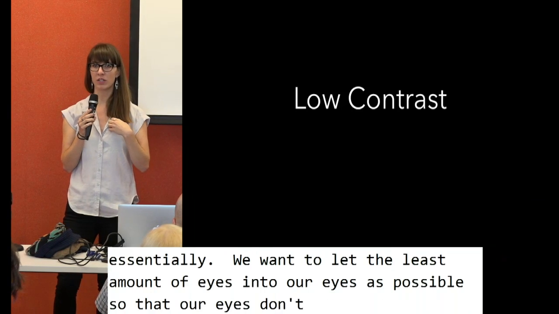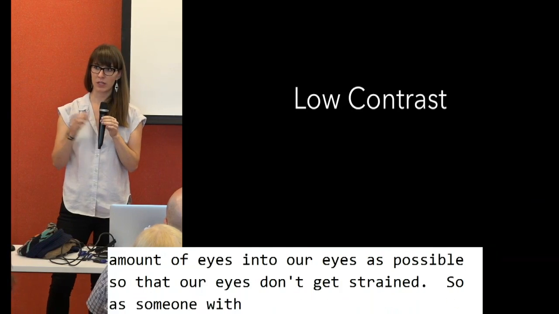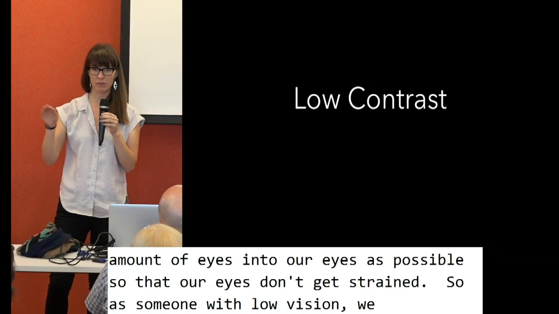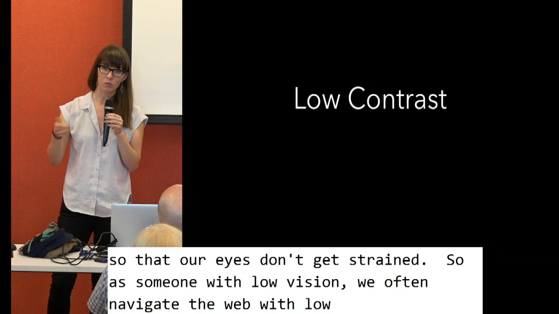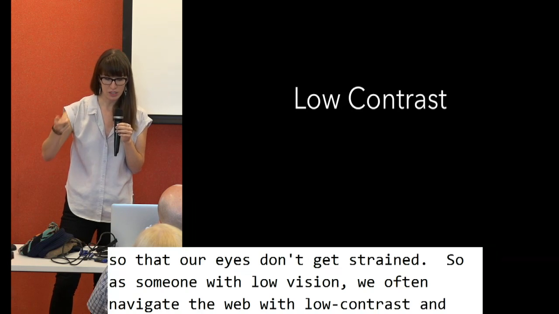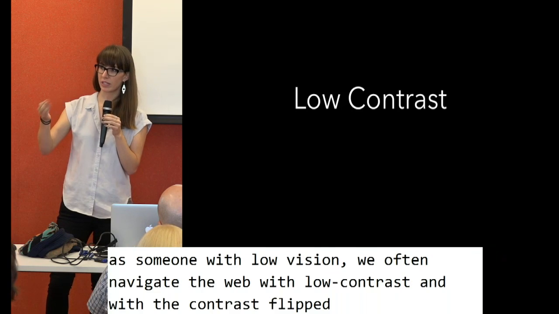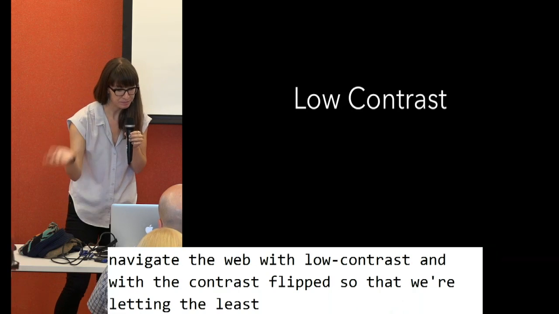As someone with low vision, we often navigate the web with low contrast and with the contrast flipped, so that we're letting the least amount of light into our eyes.